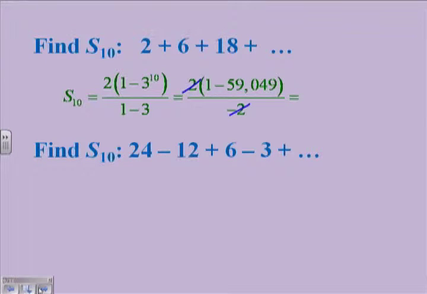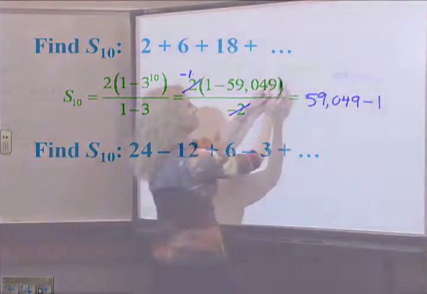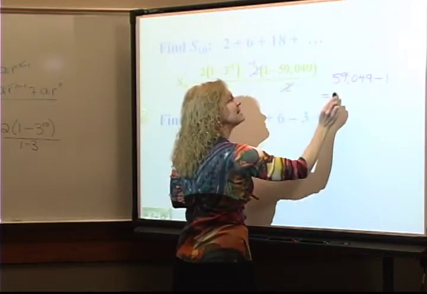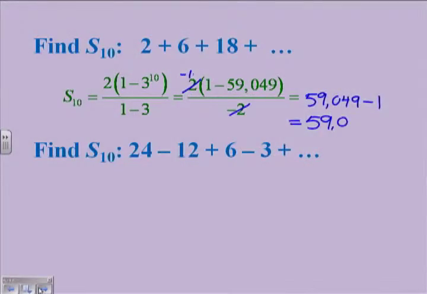Now notice this was a negative 2, so this is going to be negative 1 times that, which simply means I have 59,049 minus 1, because this would go positive, this would go negative. My sum is 59,048. That was kind of cool. Okay, that's S sub 10 for this series.